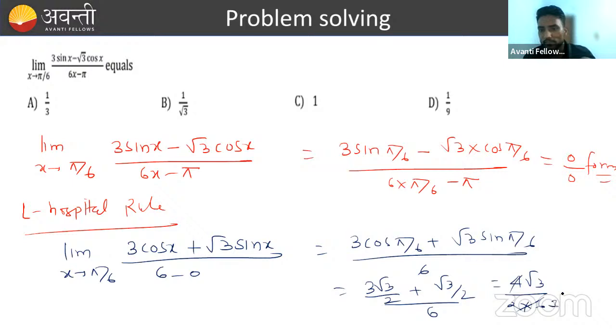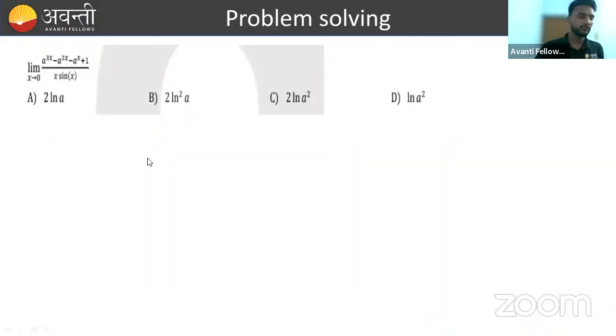So the 3 cancels out. After cancelling, you will get 1 by root 3. This is the calculation that I have done so fast. I hope you have understood that. 1 by root 3. So simple, as we are using the L'Hospital rule. I hope it is understood.